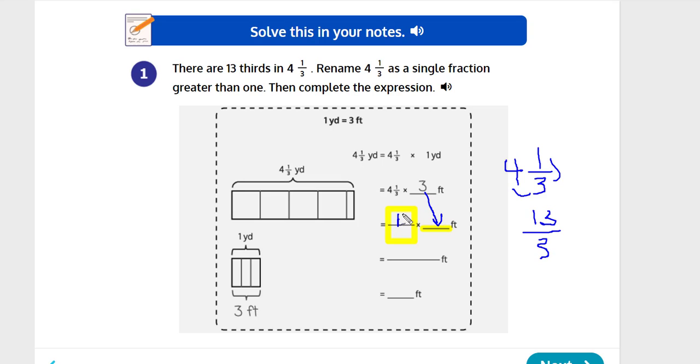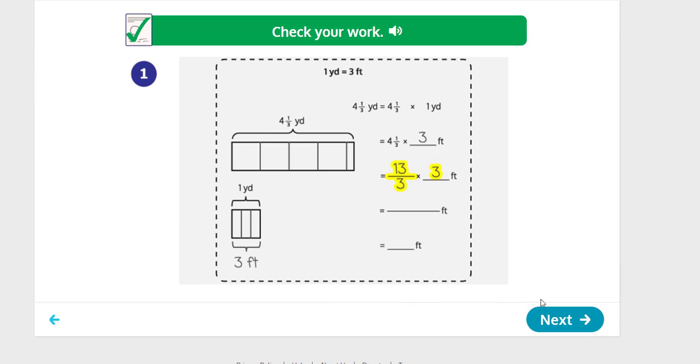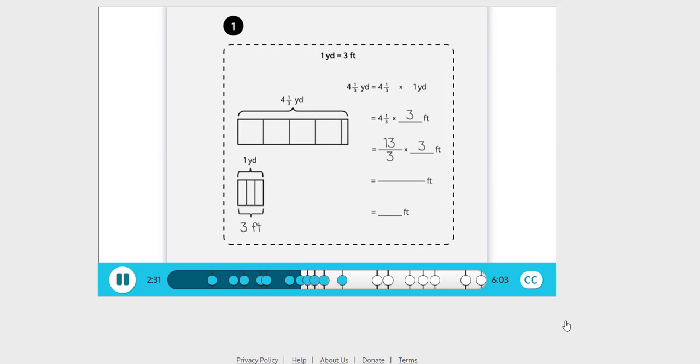So 13 thirds and then 3. Let's see how we did. 4 wholes is 12 thirds, plus 1 more third equals 13 thirds. And we're still multiplying by 3 feet. Check your work. Okay, it looks like what we have.